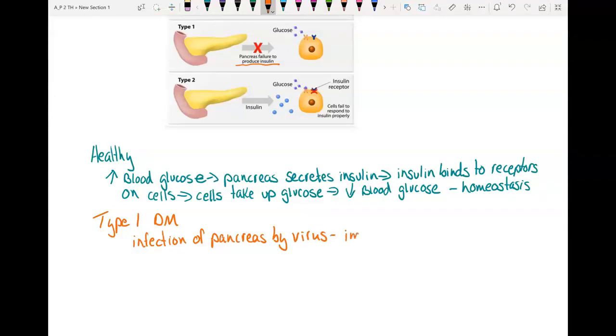Your immune system goes to kill the virus, but it messes up and destroys parts of your pancreas instead. And you're left unable to produce insulin.